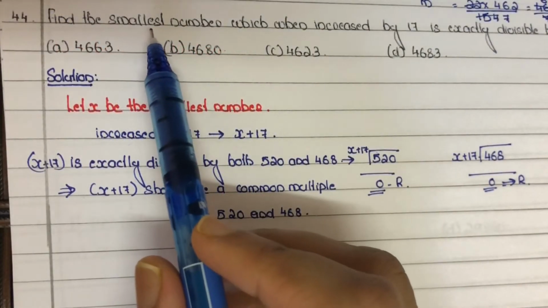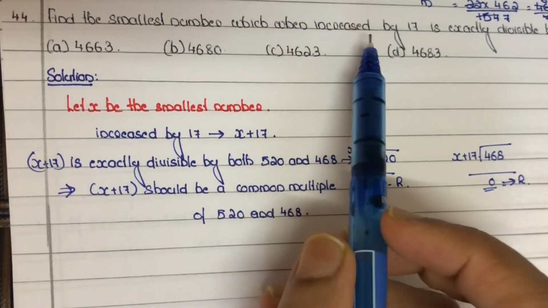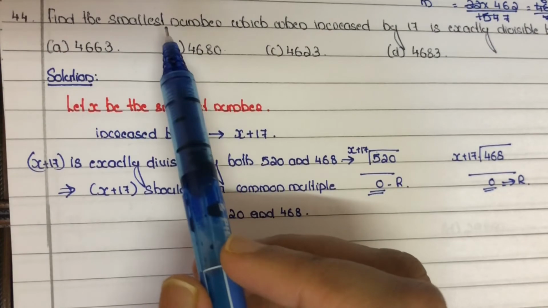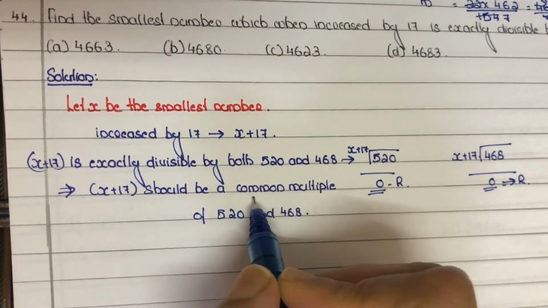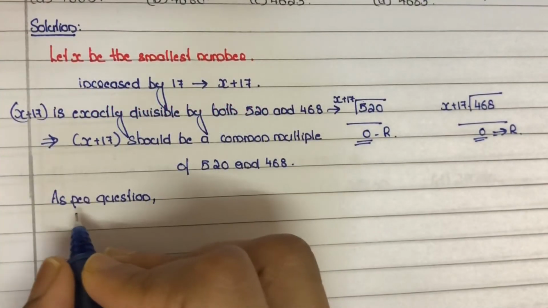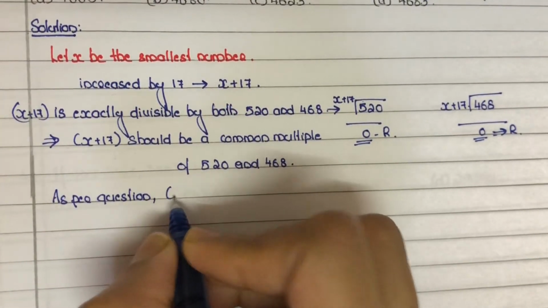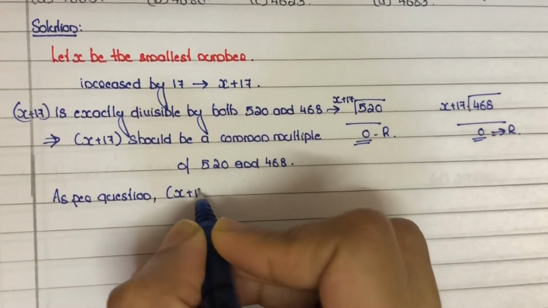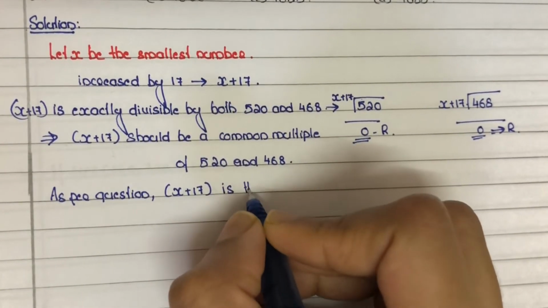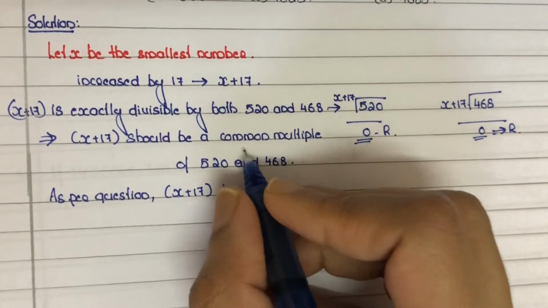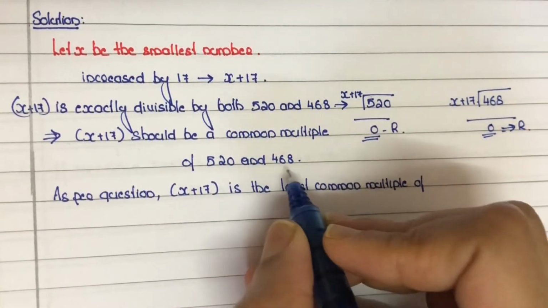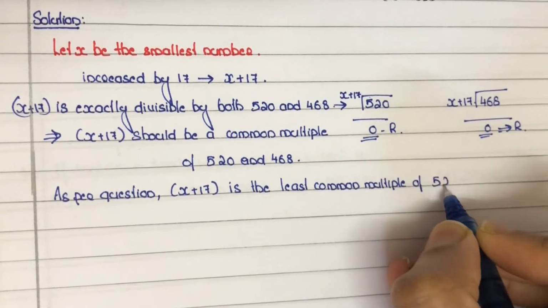But here question is smallest number which when increased by 17. So the number should be the smallest common multiple, that is least common multiple. So as per question you can say that x plus 17 is the least common multiple of 520 and 468.